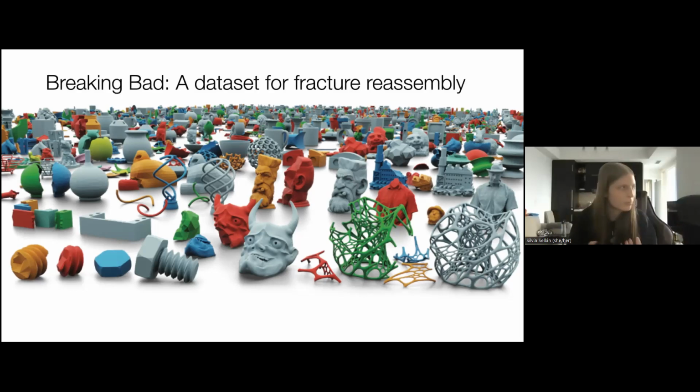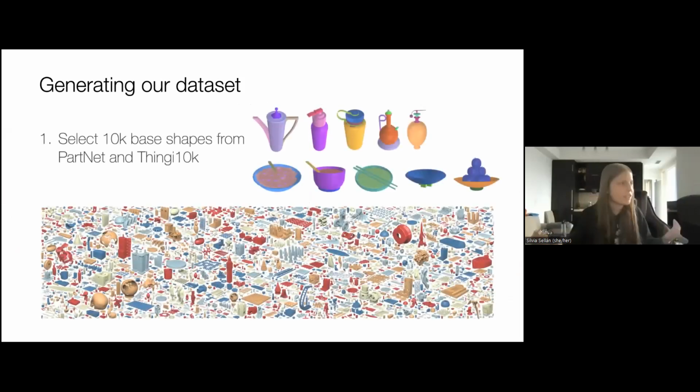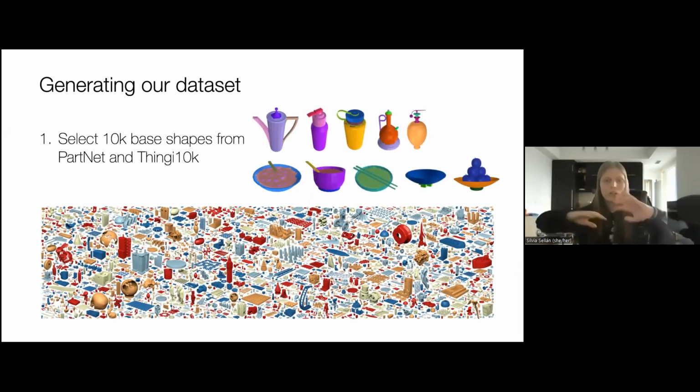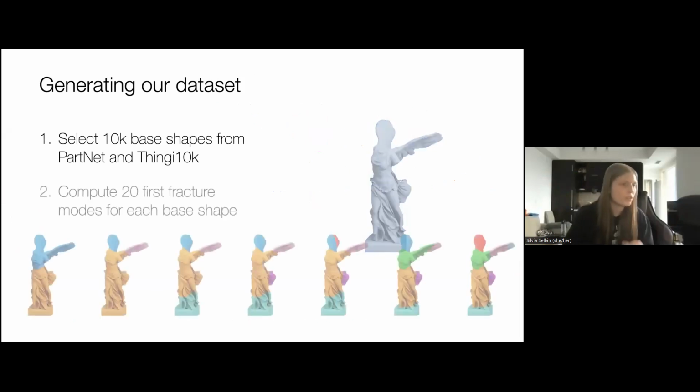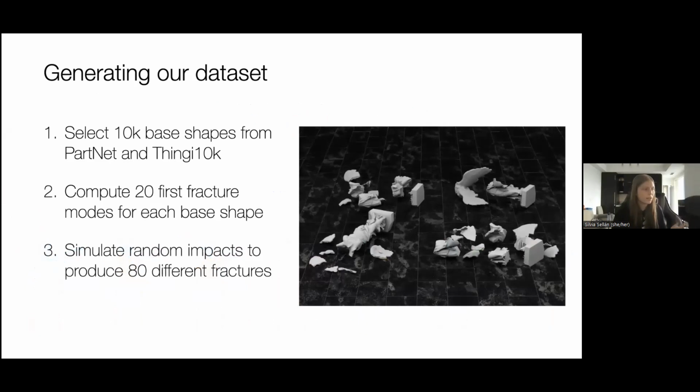So we introduced our algorithm, which we call Breaking Bad, a data set for fracture reassembly. And generating it is easy. We just select 10,000 possible shapes. These are not fractured shapes, these are normal shapes that we find on the internet. And for each of them, we compute 20 of its fracture modes using our previous algorithm, and we get different breaking patterns for each object.